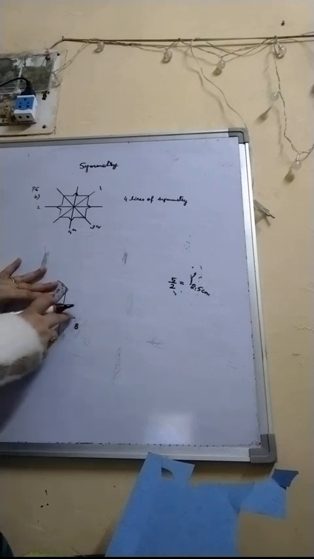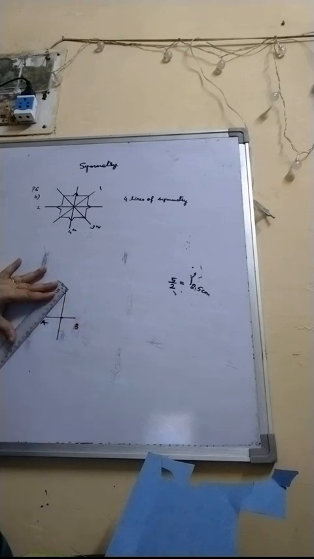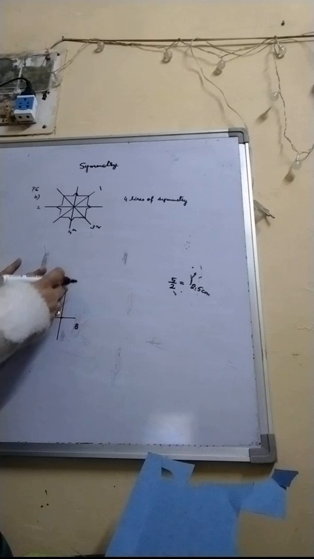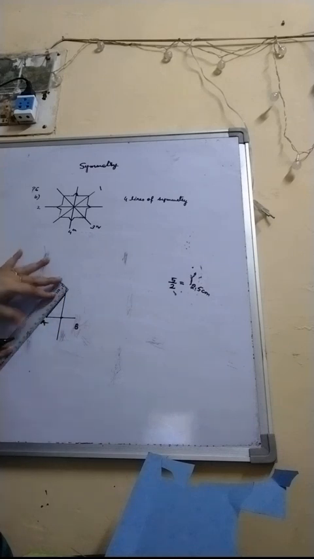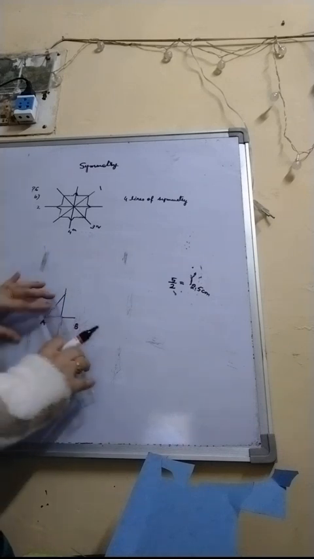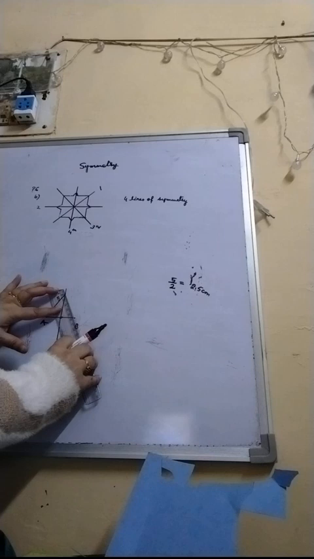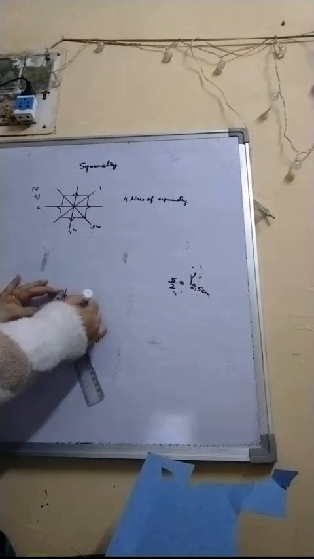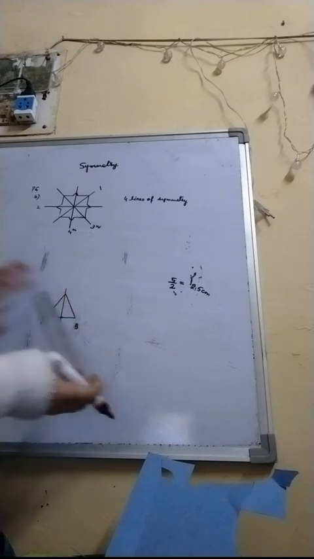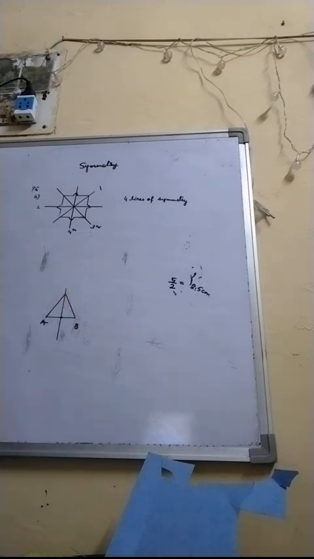So that means you have taken 5 centimeter. So you would take the 5 centimeter that would cut this line at 5 centimeter. So you would draw the line as such, 5 centimeter here, and the third line would automatically be 5 centimeter. So this is how you get a triangle with equal sides.